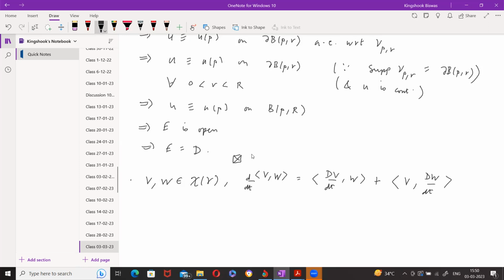And this will be 0 if V and W are parallel, because then dV/dt and dW/dt are 0. So this inner product is constant. That means the inner product between parallel vector fields is constant, which tells you that the parallel transport acts by isometries. Is that clear? Okay.